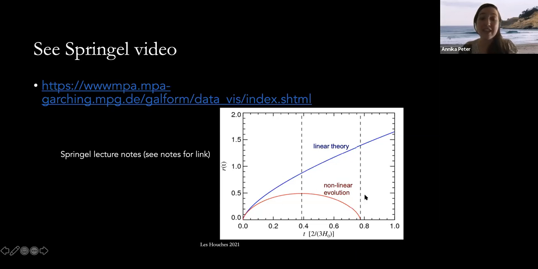Okay, and so to study the evolution of those, you really need to go to a simulation. You're not going to get the full structure of those halos and the clustering around them just in linear theory.